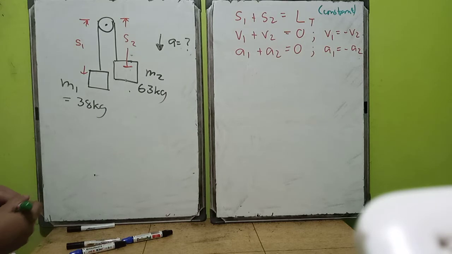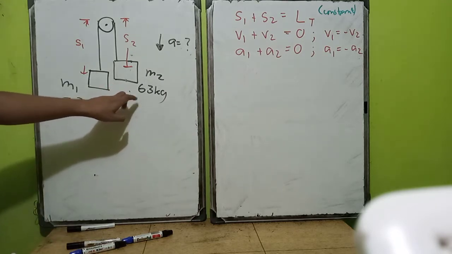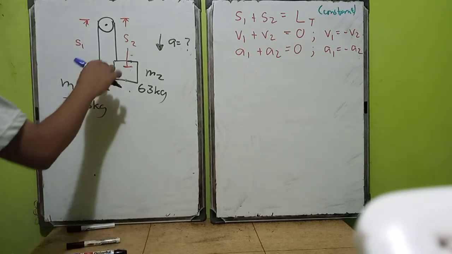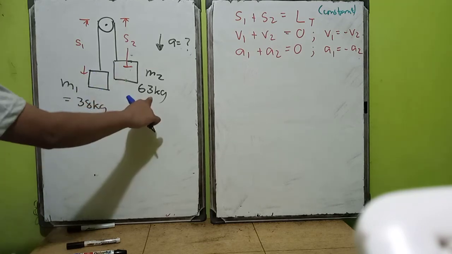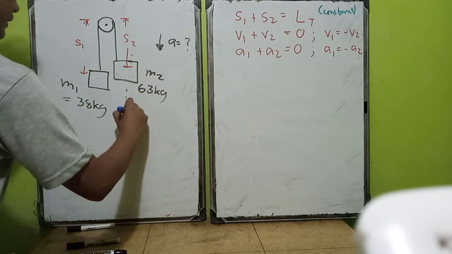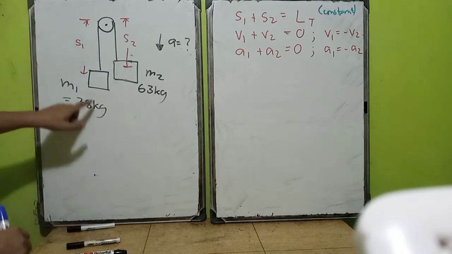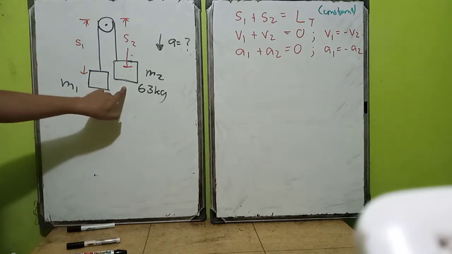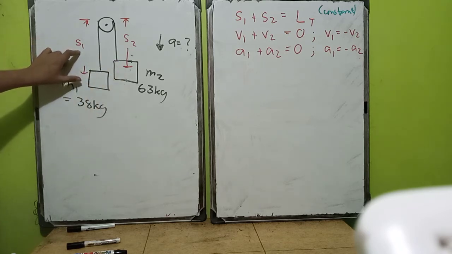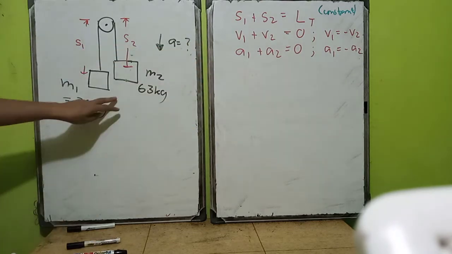If it moves downward on this side, since this is the heavier mass, this is the heavier body, and it moves down a certain distance, the other will also displace the same length vertically. This is also true with the velocity and the acceleration.